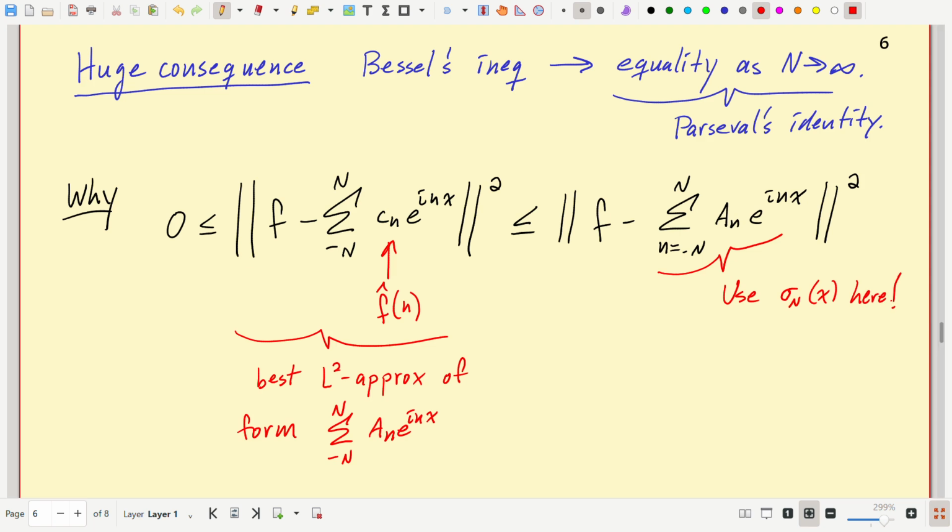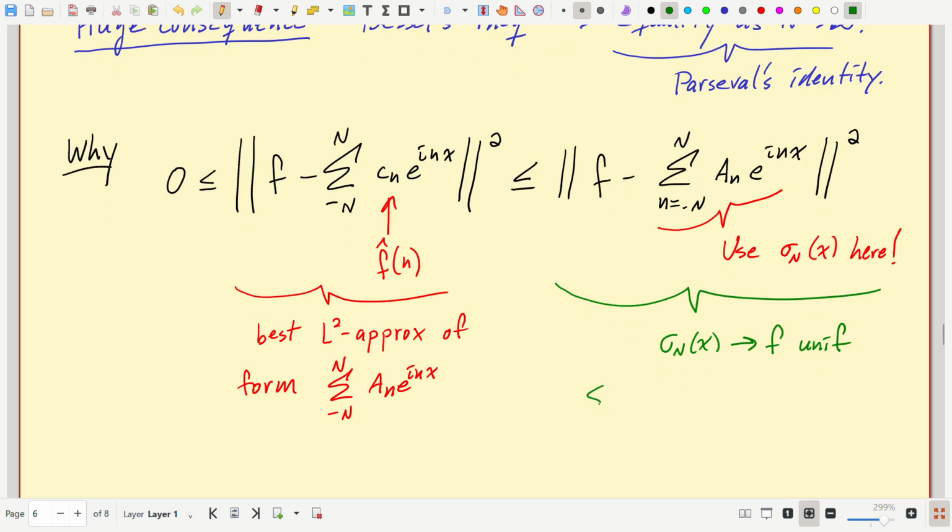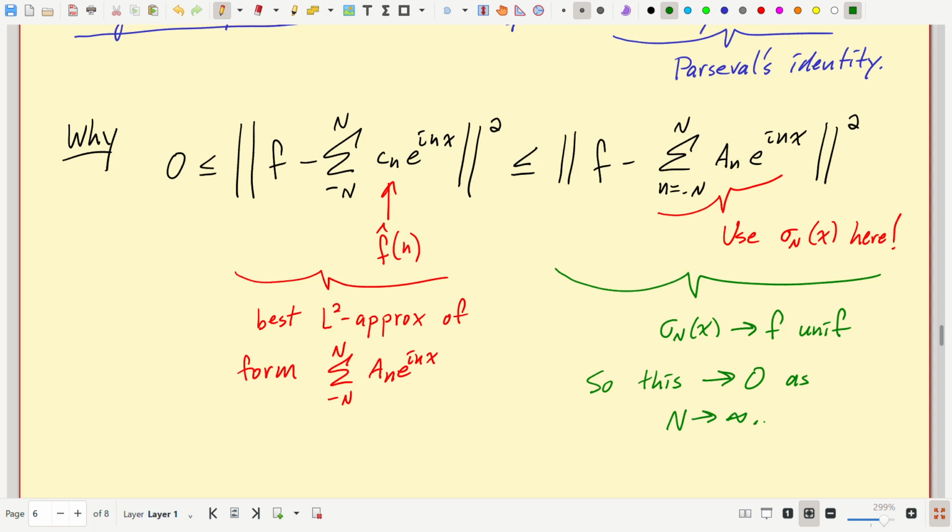Okay, I can make that go to zero. This would get within as close as I want. I can make this as small as I want. So sigma nx goes to f uniformly, and that's just an integral from minus pi to pi, and so this goes to 0 as n goes to infinity. So the conclusion here is that the Fourier series converges in L2.